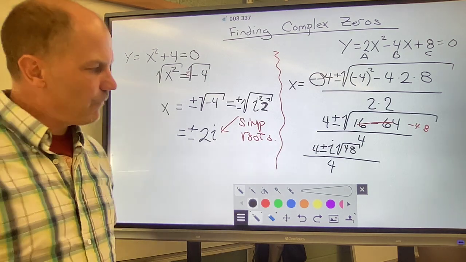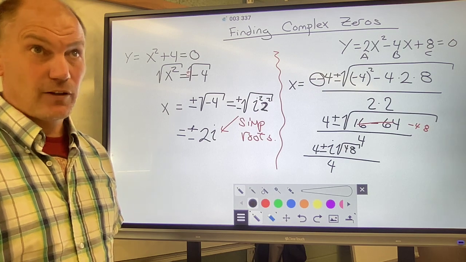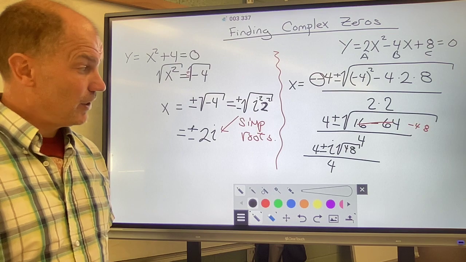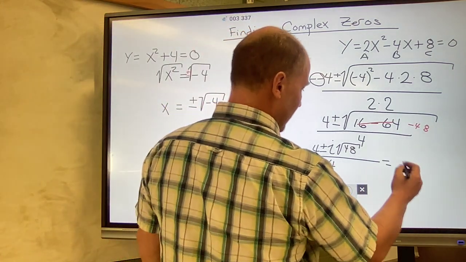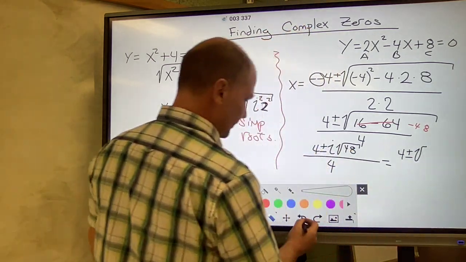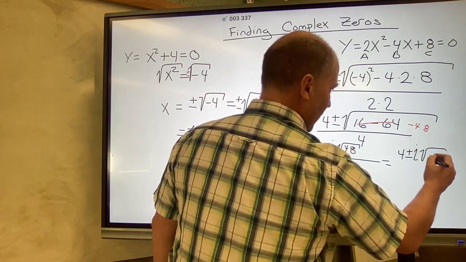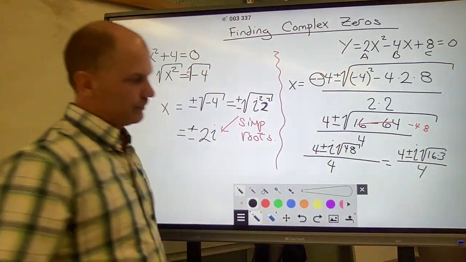So I know that 4 can go into 48 12 times, and 4 goes into that again, into 12. So really 48 is 16 times 3. I'm going to rewrite this as 4 plus or minus i times the square root of 16 times 3, over 4.